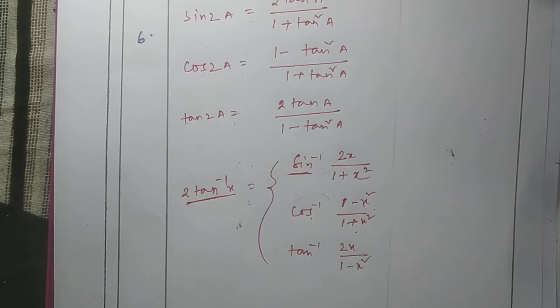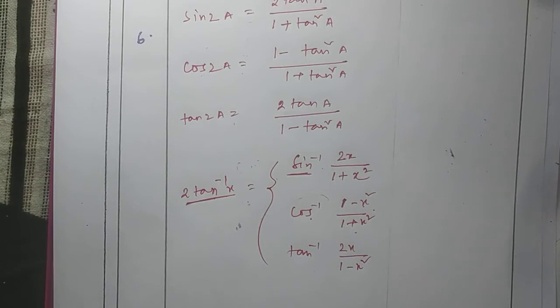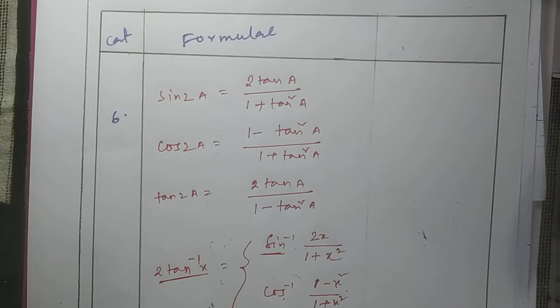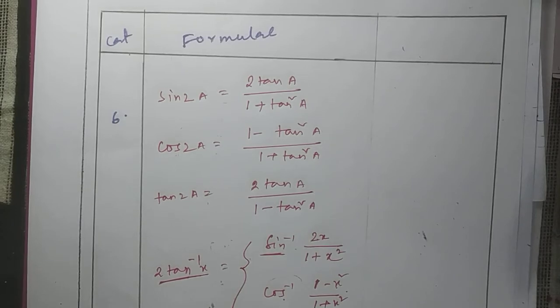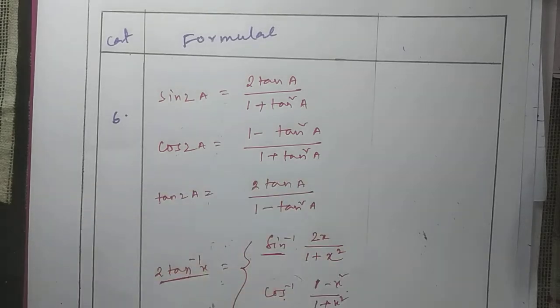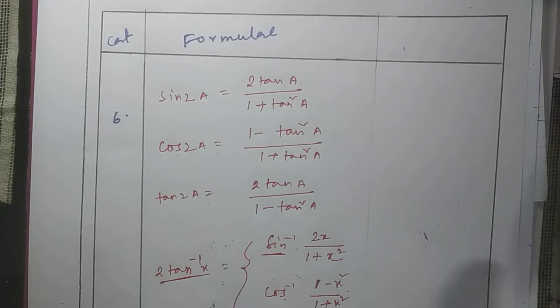Okay? In this way, we have learned 6 categories of formulae in this video, and you have to remember these formulae by any means, or you can say by heart. Correct? If you ask me how to remember all these formulae, I would say, first make a list of the entire formulae and paste it in your study room.